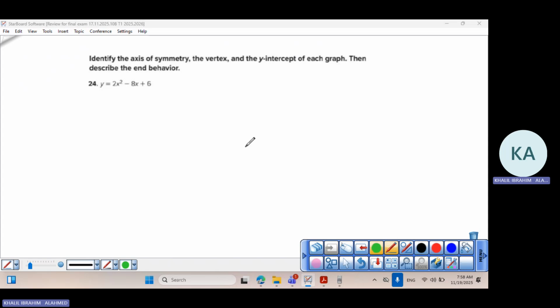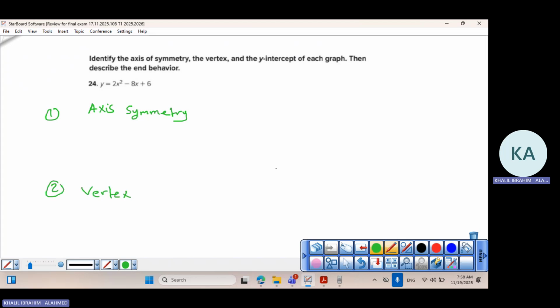Yes, this is the function y equals 2x squared minus 8x plus 6. What is axis of symmetry? Yes, axis of symmetry, as you see. This is the first one. The second one, vertex.